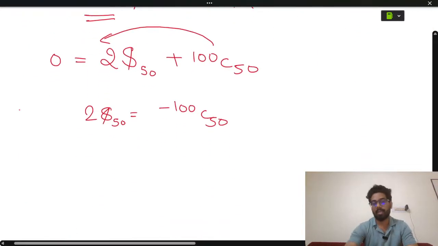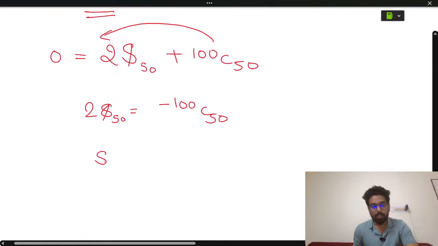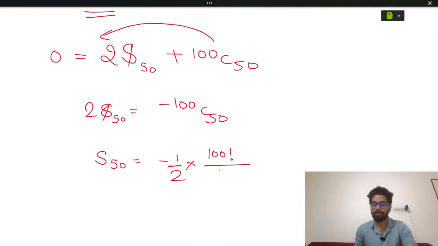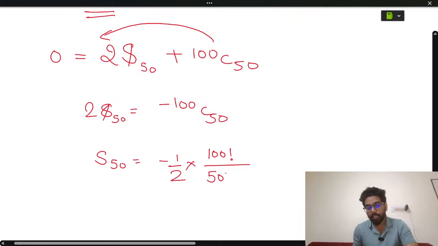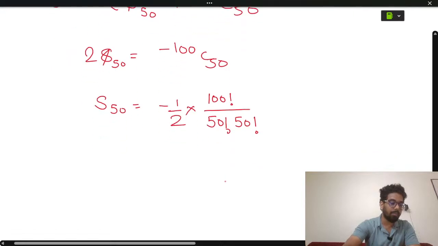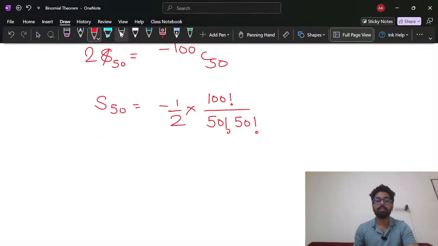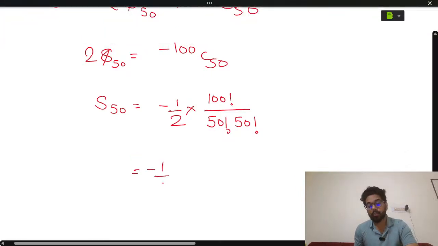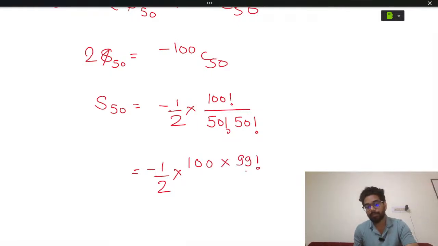I have to change it a bit. The sum of 50 terms is equal to minus 1 by 2 of 100C50. Open it: 100 factorial divided by 50 factorial times 50 factorial, since NCR is n factorial upon r factorial times n minus r factorial. Instead of writing 100 factorial, I will write 100 into 99 factorial.